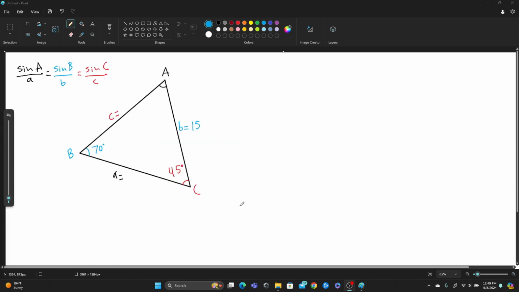So now let's use our knowledge of the law of sines to complete this triangle.